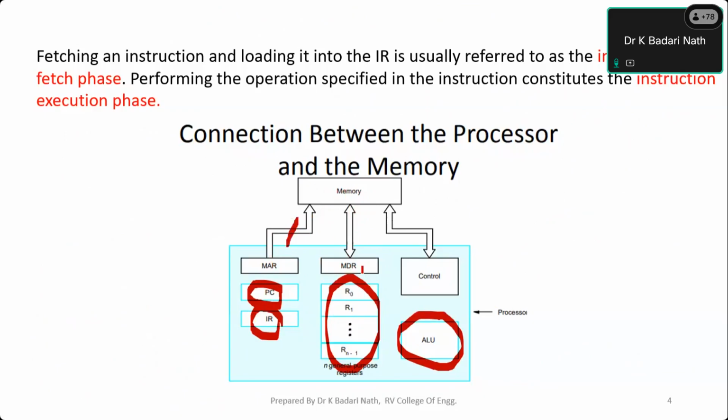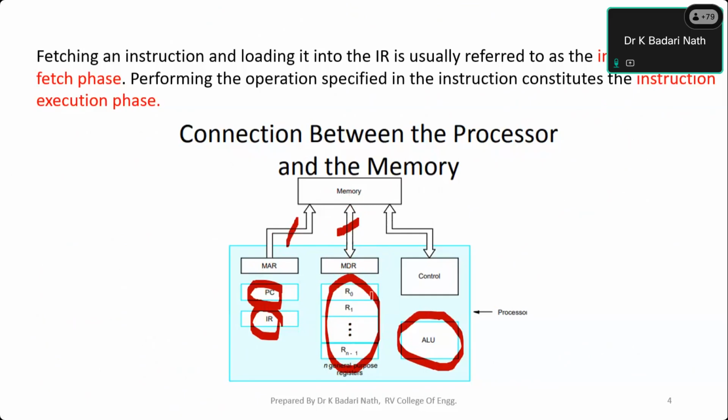It establishes the connection between the internal bus and the external data bus. Now look at the direction. MDR has both directions, because I can use the memory to read data, read instructions, or write data. So unlike MAR, MDR is a bidirectional register on both sides. That means from the registers I can write into MDR, and from MDR I can read into the registers.